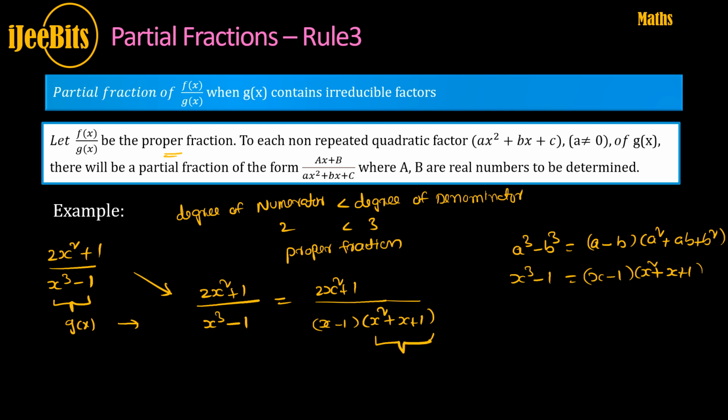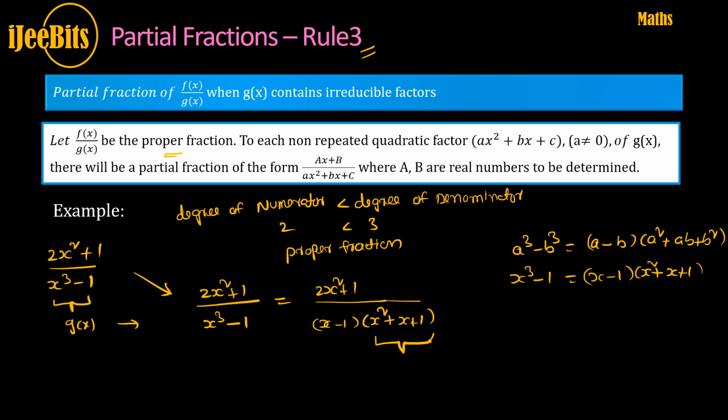But the question is, will that be easy to do? That is where the rule number 3 concept comes into place. These are irreducible factors for this given quadratic equation, because if you calculate b square minus 4ac, it gives a negative value, right?